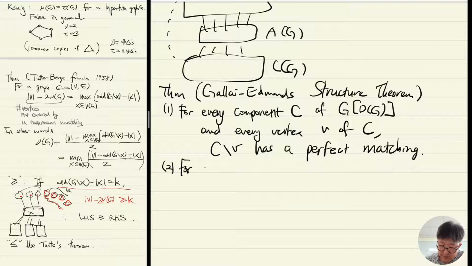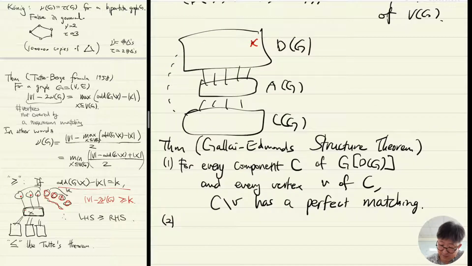So you have a component here, and in each component, if I delete any vertex, the remaining has a perfect matching.